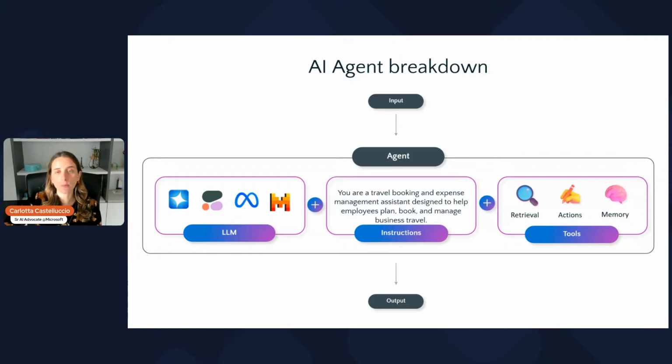So the other key component of the agent are the instructions the agent developer or designer builds to instruct the agent on how to behave, the tone and style of responses it should use, the task it should complete, and all the context it needs to complete the task.